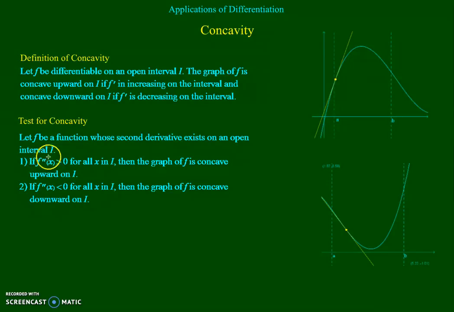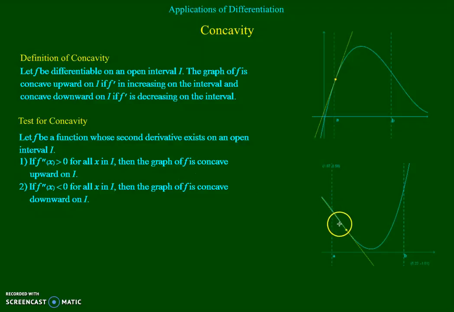So our test for concavity is: let f be a function whose second derivative exists on an open interval I. If f double prime of x is positive for all x on the interval, then the graph of f is concave up.